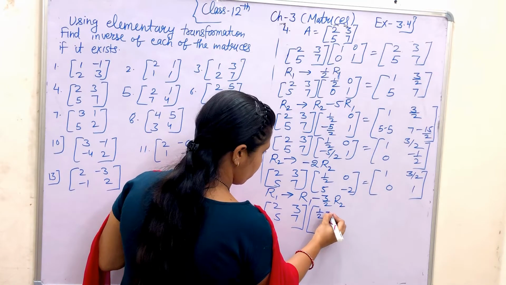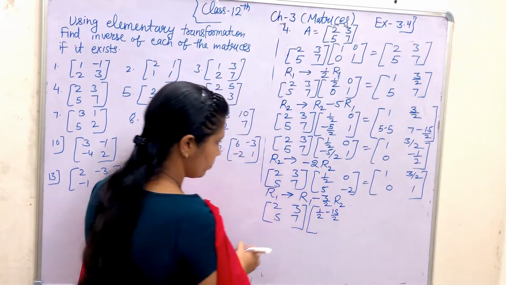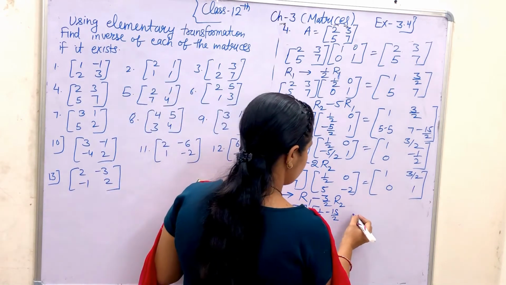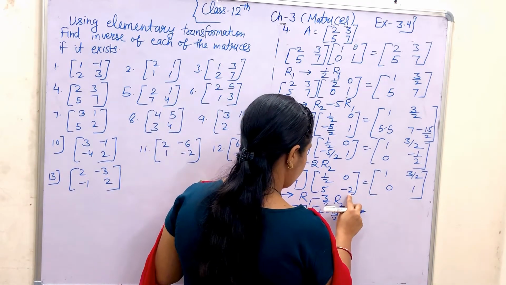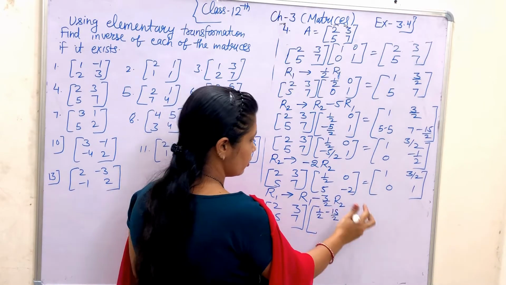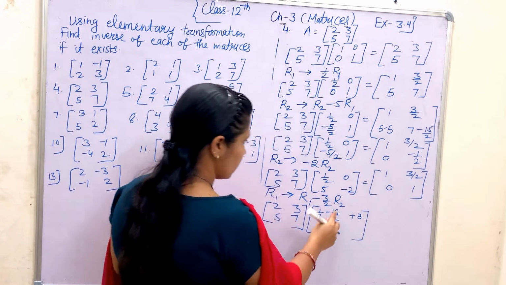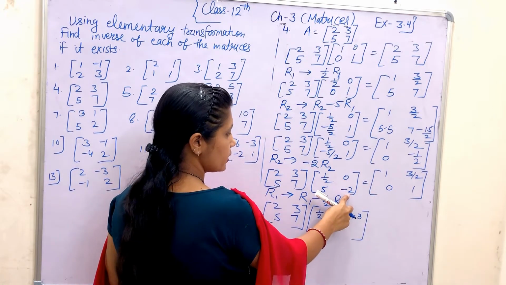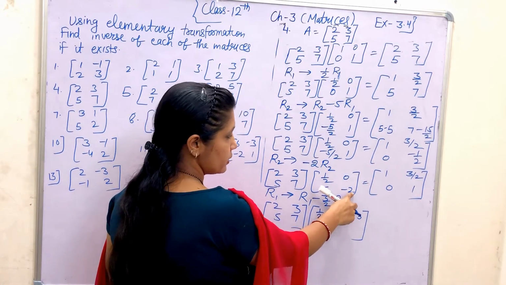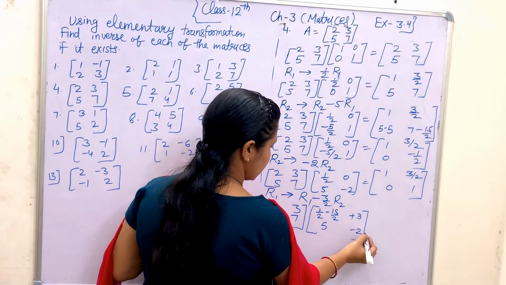1 by 2 minus 3 by 2 of R2. We have to do minus, so multiplying by 3 by 2 we get plus 3. 0 plus 3 by 2, the 2 cancels and 3 comes. Here we get 5 and minus 2.